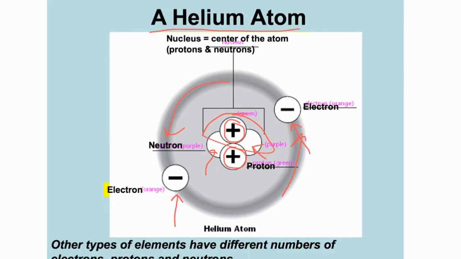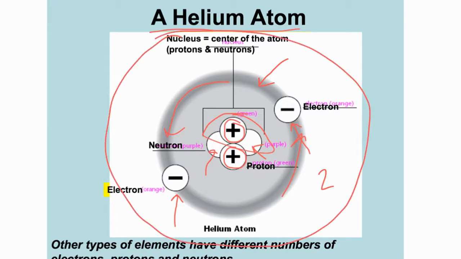Now I want you to see that helium has 2 protons and 2 electrons. Well, in this first energy level, or this first level of electrons, it can only hold 2. That's all it can hold. So helium is totally happy with its 2 electrons. On the next electron cloud that's going to form outside of that, in some other elements, it can hold 8 electrons.